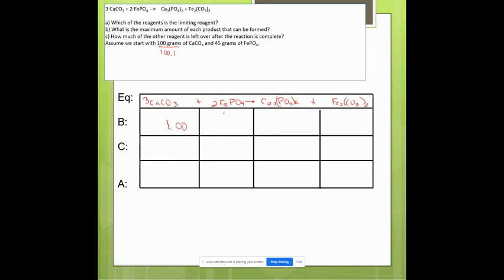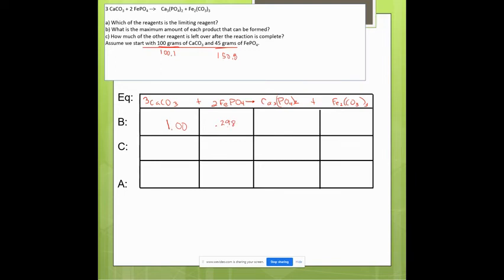Over here, we have our iron 3 phosphate. We ended up having 45 grams of that. So we're going to divide that by 150.8, which is the molar mass for iron phosphate. And when we do that, we end up with 0.298 moles.